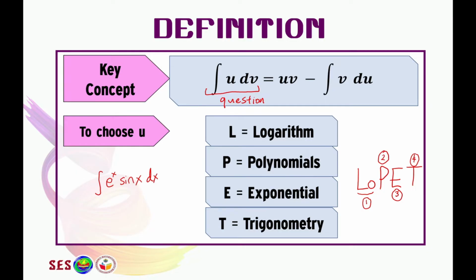So in e^x sine x, we know that e^x is an exponential function and sine x is trigo. By the order of choosing u, e exponent comes first before trigonometry. So e^x is our u. Okay, just like that. So we'll see the examples.